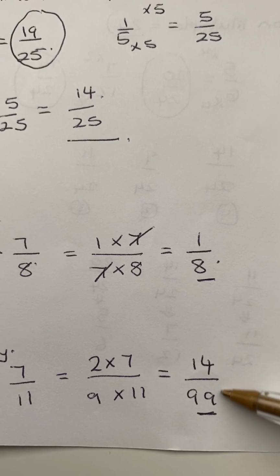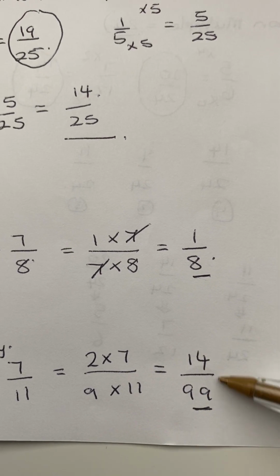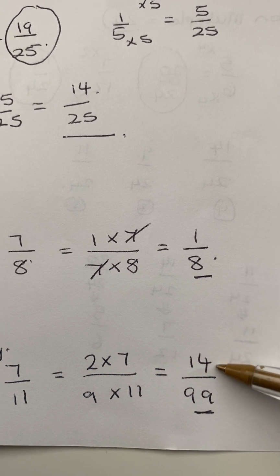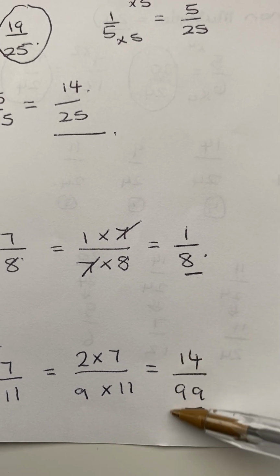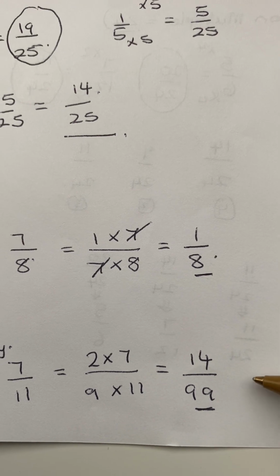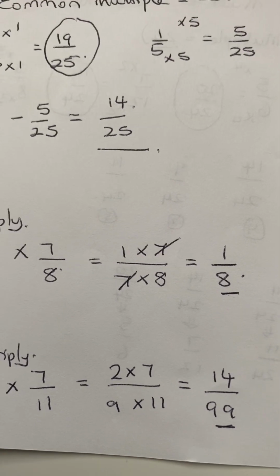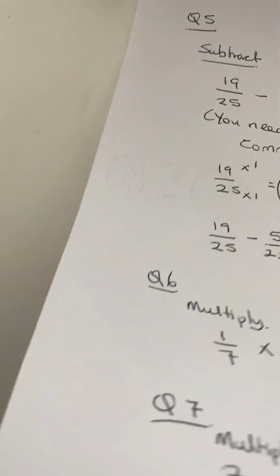This is the lowest form, 14 over 99, because there are no common factors. If we try it, we will get decimals. So this will be our answer. Now let's look at the other questions that we have here.